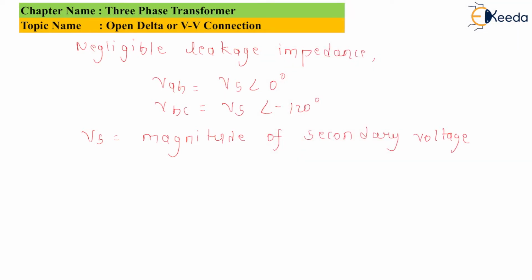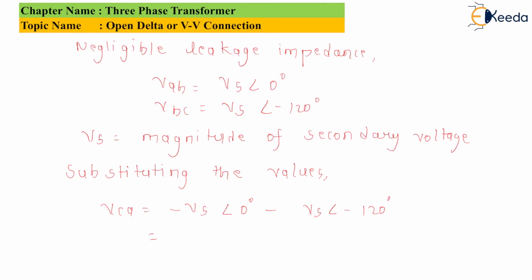Now let us substitute these values of vab and vbc in equation number 2. Therefore we get vca is equal to minus VS at an angle of 0 degrees minus VS at an angle of minus 120 degrees.